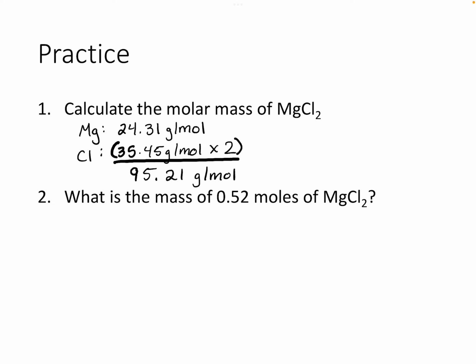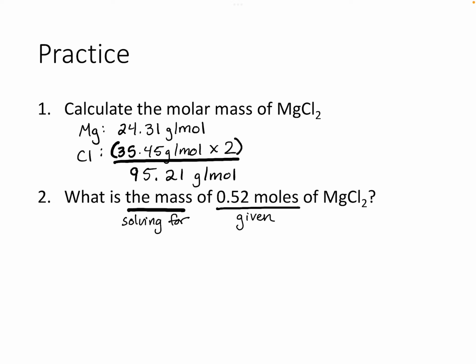All right, so in the second question, we're asked what is the mass of 0.52 moles of magnesium chloride? So we're given the amount of moles, so that will go first, and we want to figure out the mass. So that's what we're solving for.